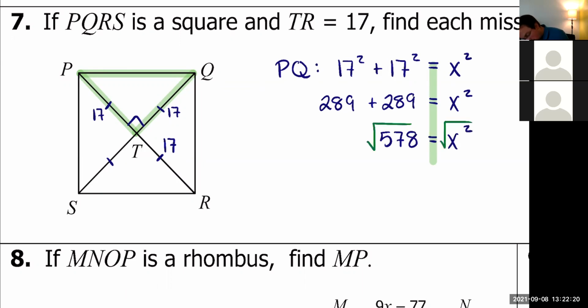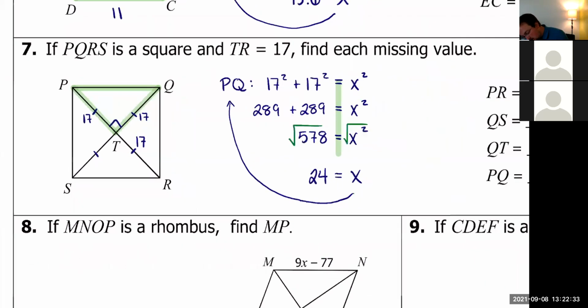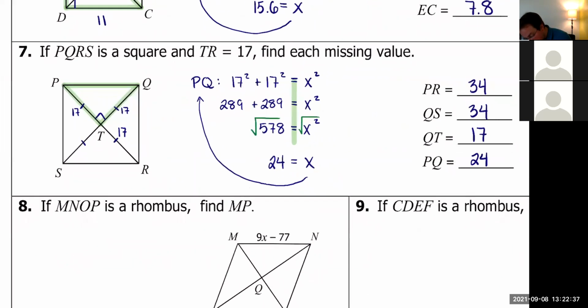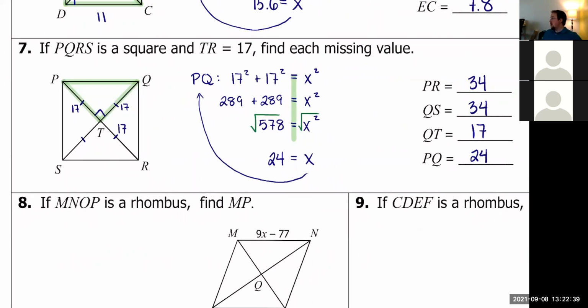We get x equals 24. Perfectly, right? Yeah. Exactly. Don't forget though, the x was representing PQ. The side of the square is 24, which, if you think about it, is all four sides of that square.